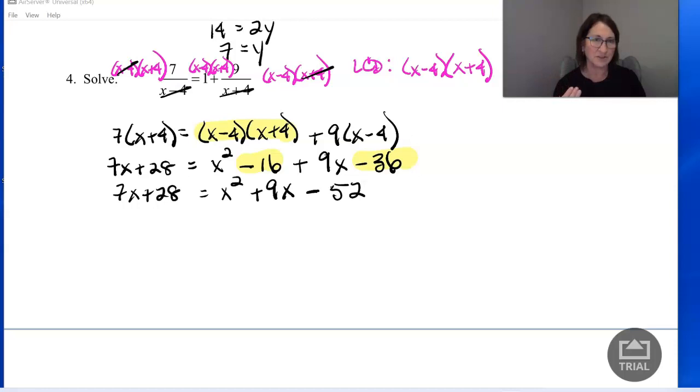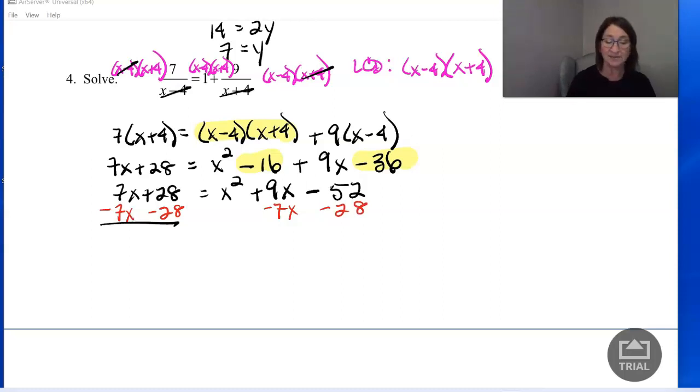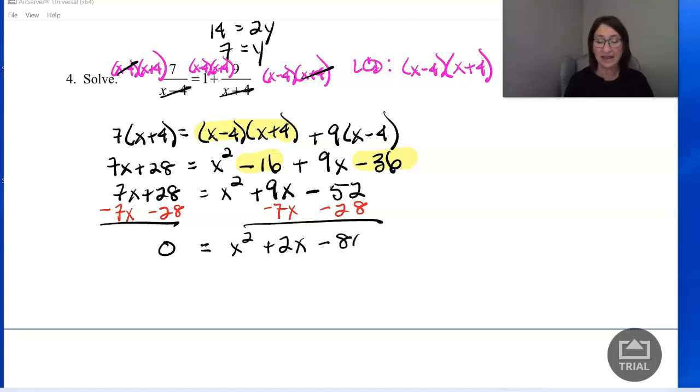I'm going to set this equation equal to 0. So I'm going to subtract 7x, subtract 28. Subtract 7x, subtract 28. So I have equality on both sides. So I have 0 equals x squared plus 2x minus 80.